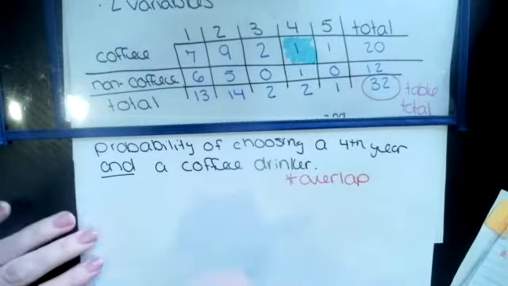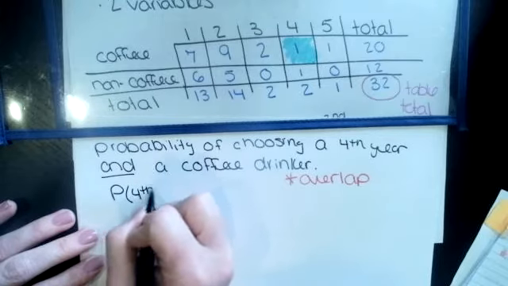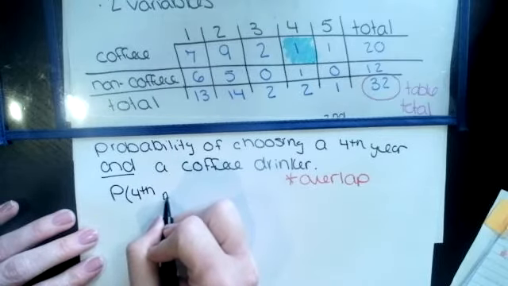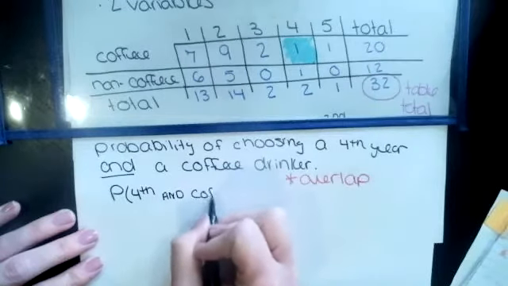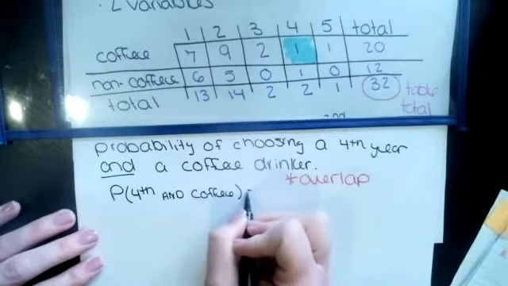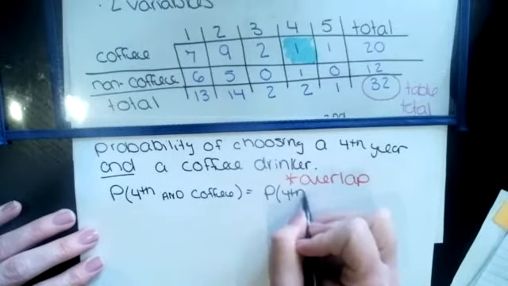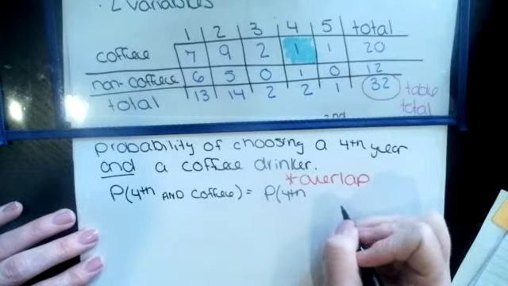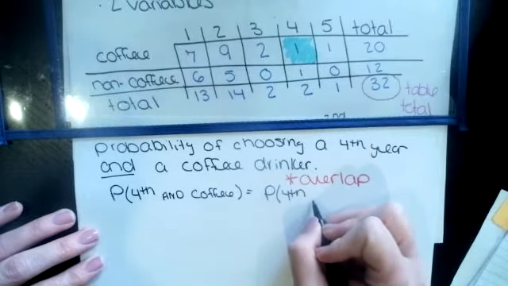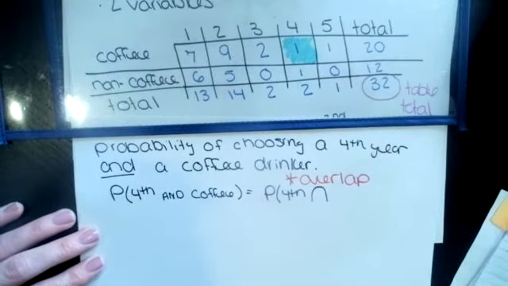And again, I'm going to write my notation, capital P, and I'm going to say fourth year, and I'm going to write out and then I'm going to put coffee, or I can write it like I did before with symbols. So I'm going to say fourth year, and the symbol for an and is actually just an upside down union. So it kind of looks like a large lowercase n. So it's my union symbol flipped over. This is called the intersection.